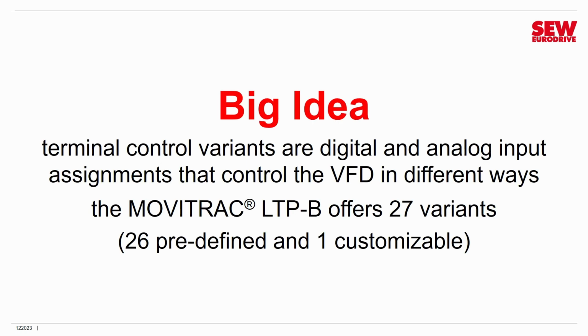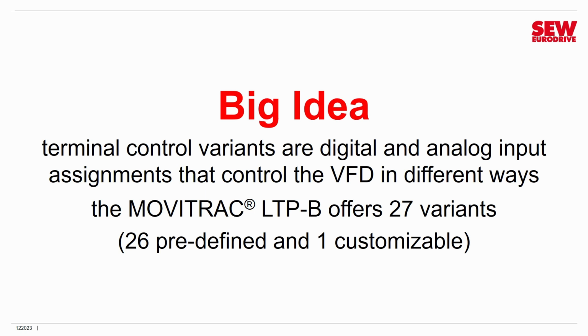Terminal control variants are digital and analog input assignments that control the VFD in different ways. Remember, you have 5 inputs on your VFD: digital inputs 1, 2, and 3, and then analog input 1, digital input 4, analog input 2, digital input 5. A variant assigns different functions to these inputs, for example, enabling or disabling the VFD, selecting the direction the motor rotates, picking a preset speed, possibly using a potentiometer to control speed.